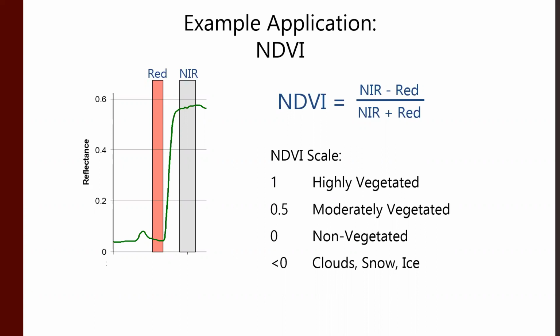So NDVI is just a simple calculation of two values, an NIR band and a red band. Subtract that, NIR minus red, together, divided by NIR plus red together.